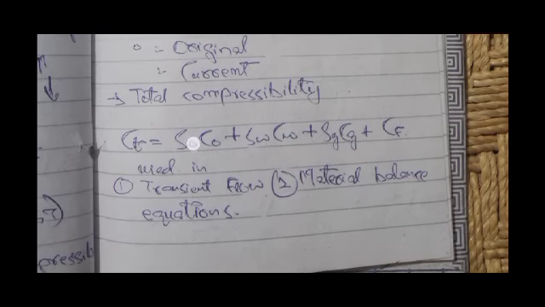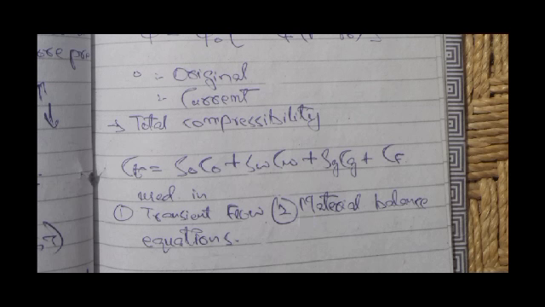This is the formula of the total compressibility factor. It is always equal to formation compressibility plus oil compressibility times S_o, the saturation of the oil, in fraction, sorry, plus water compressibility times water saturation plus gas compressibility times gas saturation.